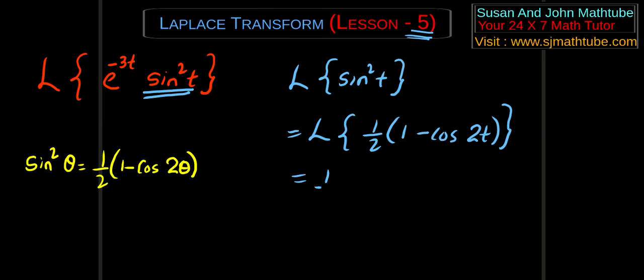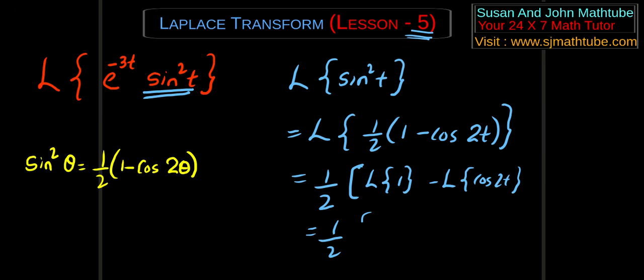And this will be 1 by 2, and the remaining part will be Laplace of 1 minus Laplace of cos 2t, and that will be 1 by 2, that will be 1 by s, and this is cos means it starts with s, by s square plus 4.